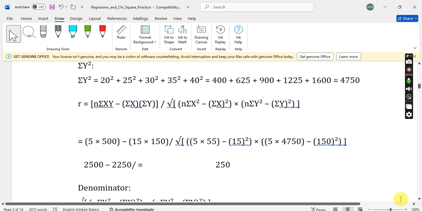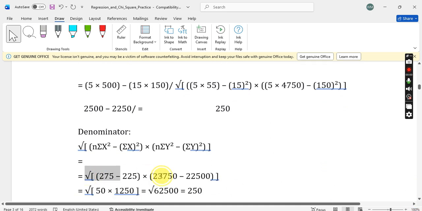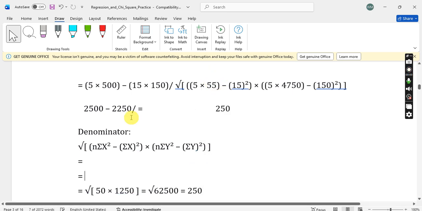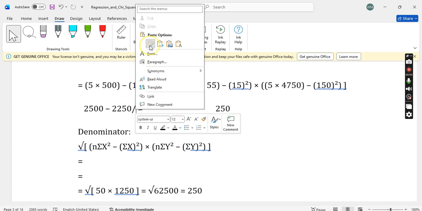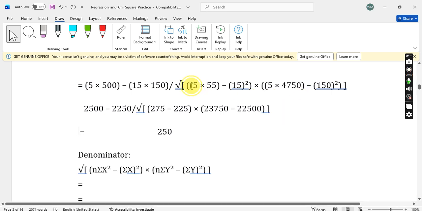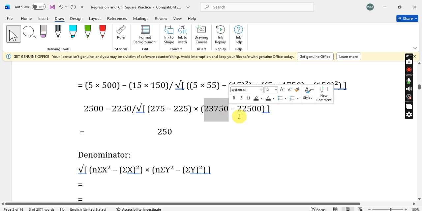The denominator: five times 55, you get 275. 15 squared, 225. 5 times 4750, 23,750.